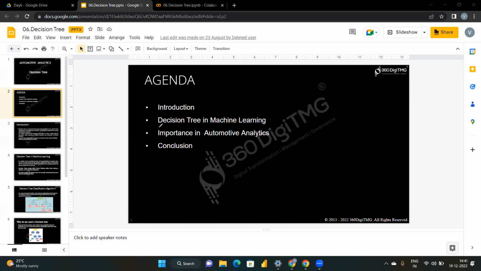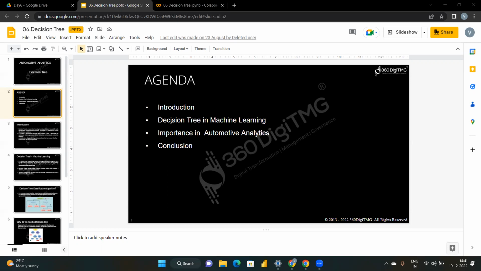We'll be seeing the perfect definition of decision tree in machine learning algorithm and what are the libraries we have to import. And what is the importance in automotive analytics? When we are going to apply this decision tree, we have to always see what is the importance in automotive analytics.